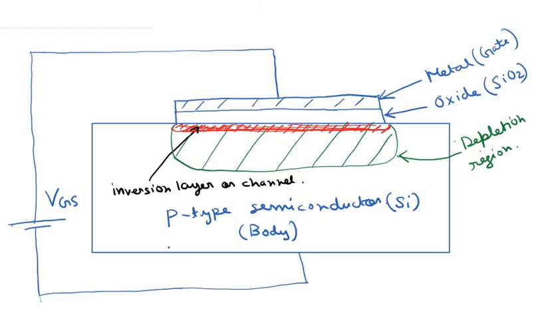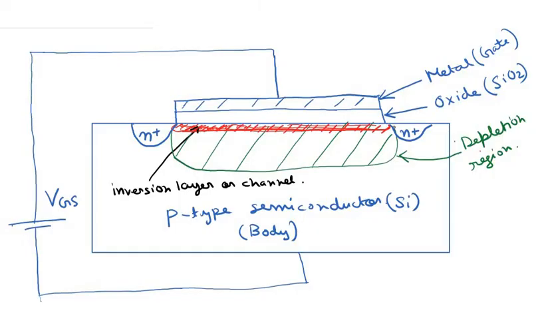So now let us assume that we have actually fabricated an N plus region over here, and we have also fabricated an N plus region over here.